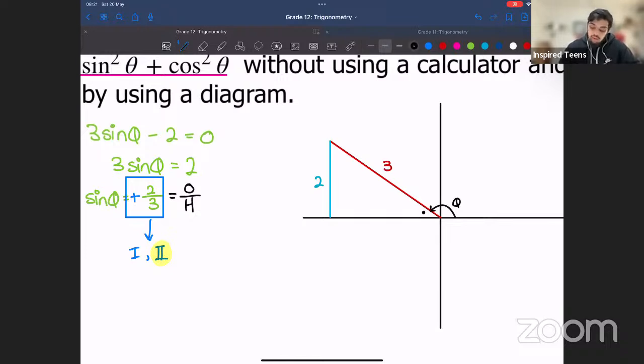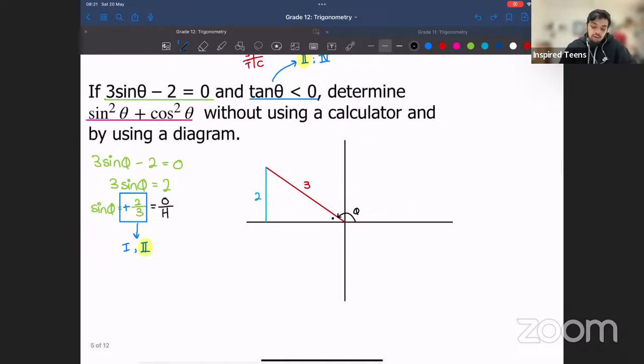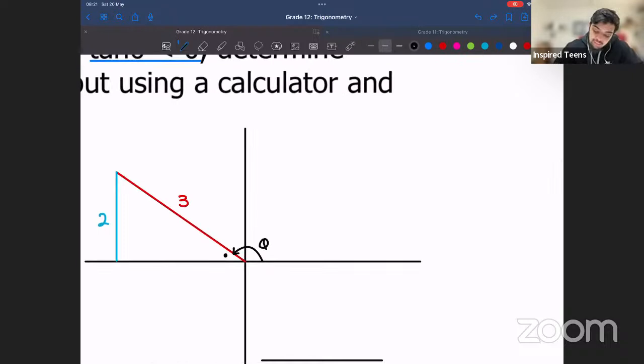Now that we have opposite and hypotenuse, we can determine adjacent. We always want to complete the triangle, fill it in, and get the value of the adjacent. How do we do that? Using Pythagoras: hypotenuse squared is equal to opposite squared plus adjacent squared.